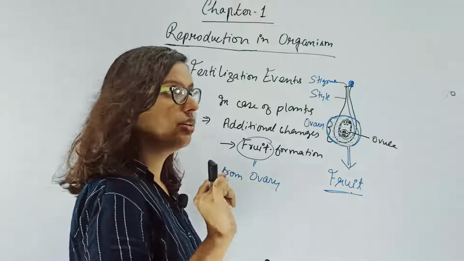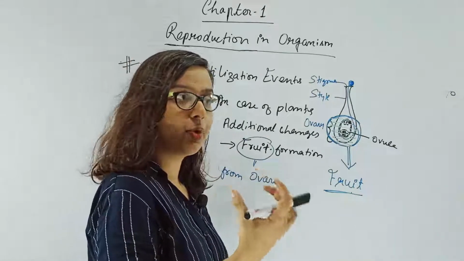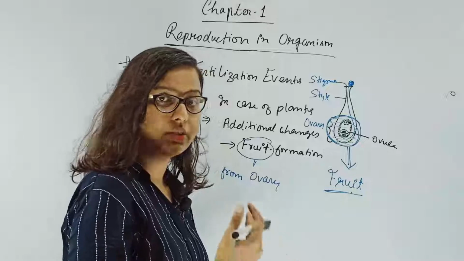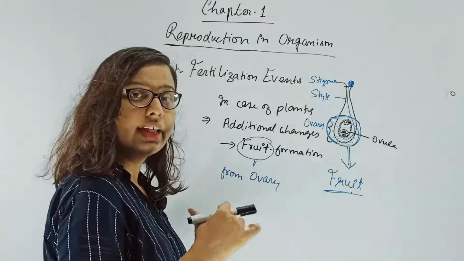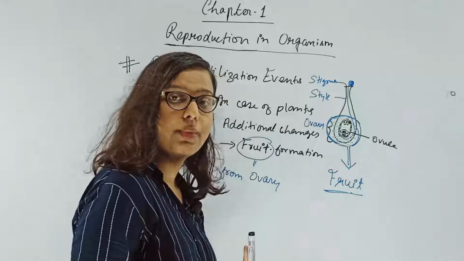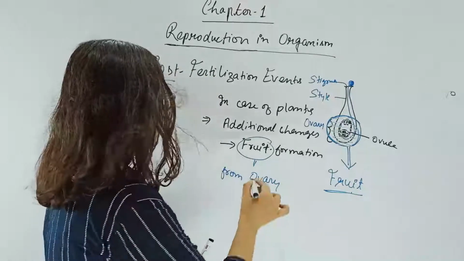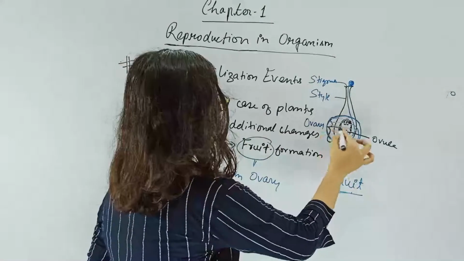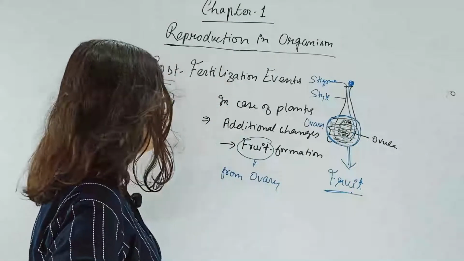Because seeds are the propagules, the structure which will help in the propagation of that particular plant to the next generation. So those seeds are to be protected, and nature has adopted a mechanism of fruit formation in order to protect that particular seed. In case of angiosperms, it always happens that the seeds are protected inside the fruit.